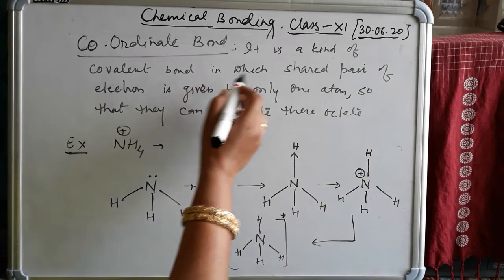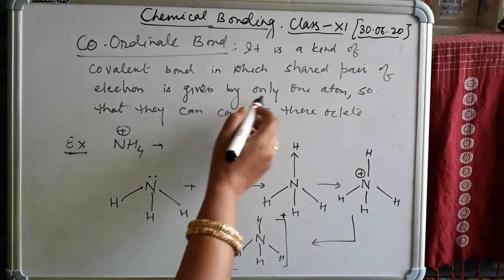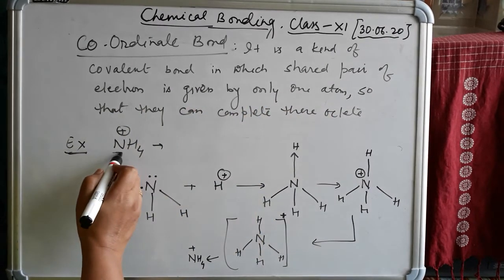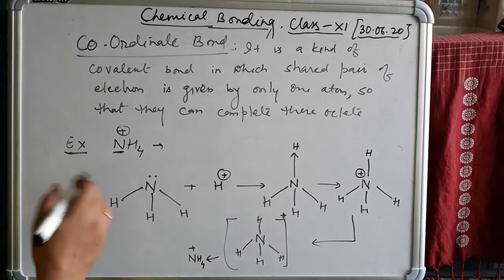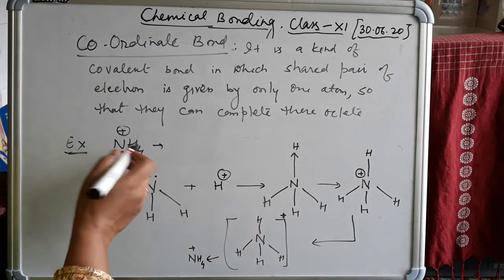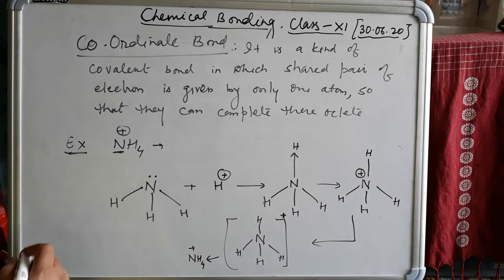So a coordinate bond is a covalent bond in which the shared pair of electrons is given by only one atom, and this atom must first complete its octet. After that, it donates the electron pair, which stabilizes the other molecule. In this way, we can represent the coordinate bond.